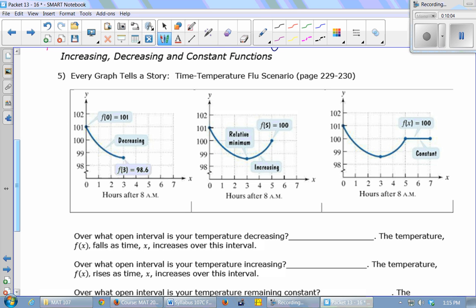From 8 to 11, yeah, from hour 0 to hour 3. Hour 0 to hour 3, the function was decreasing. Temperature was going down. Okay, so I would write 0 to 3 as the interval of time that temperature was decreasing.